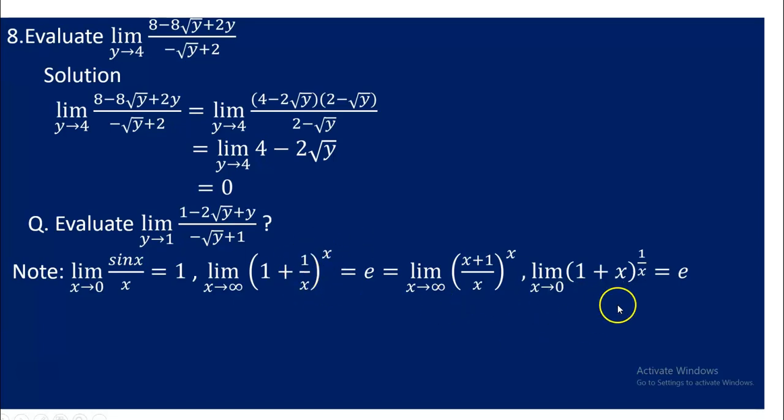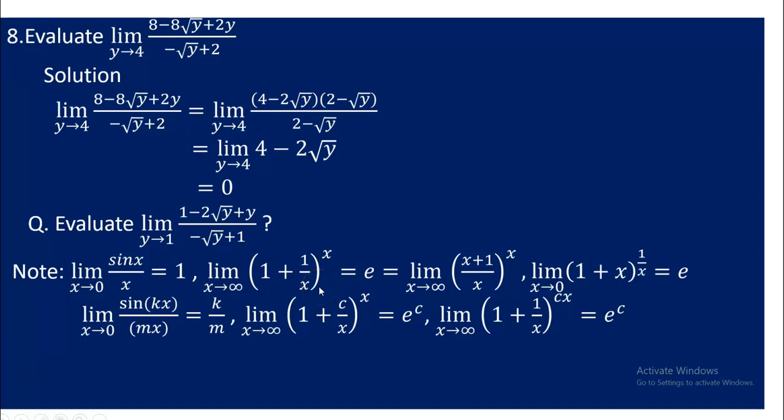Let y be 1 over x if you want. Then x is 1 over y, and as x goes to infinity, y approaches 0. So x approaching 0 can also be used. The two are identical, that's why we're having e. You students must know all this, because it is very fundamental.